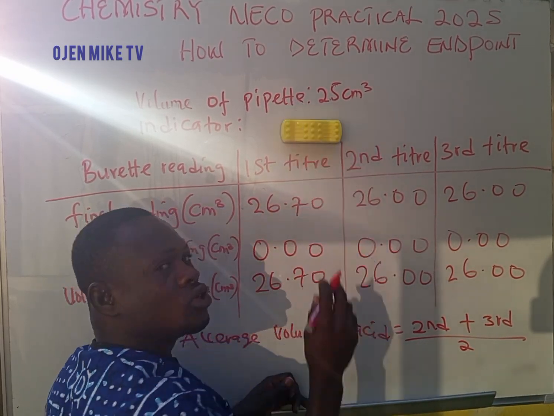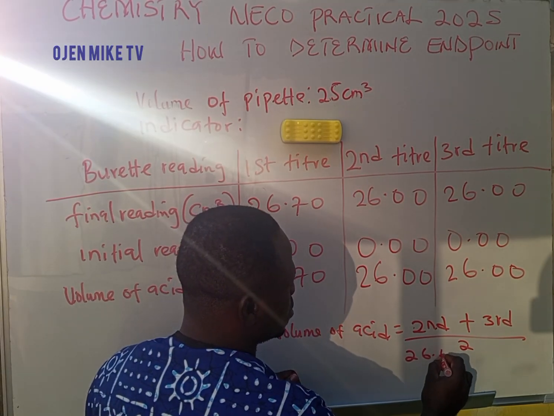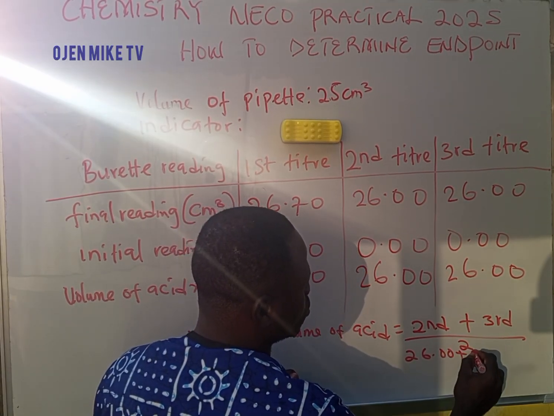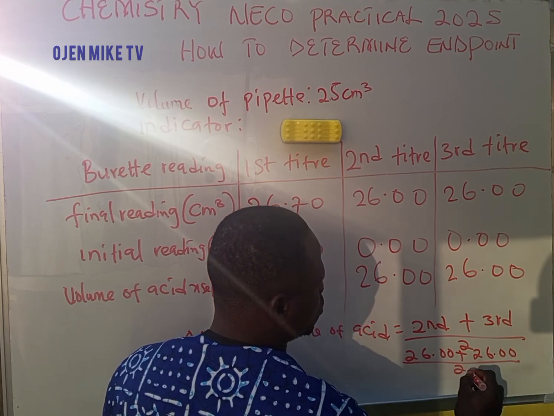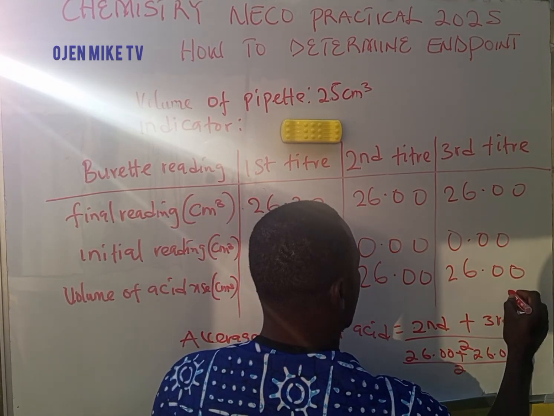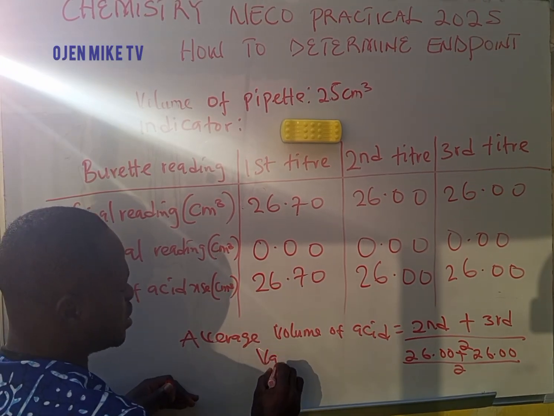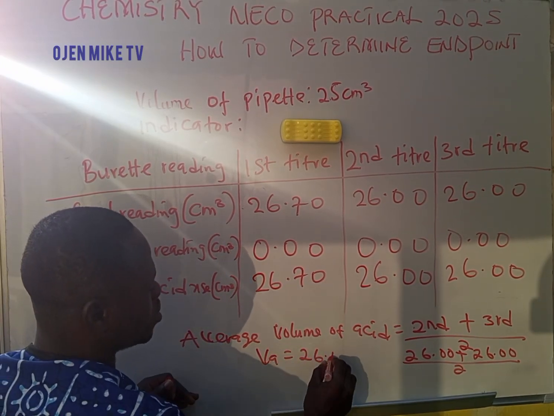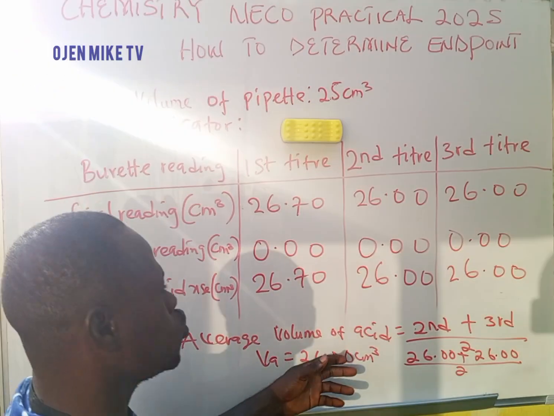Do you get that? So at the end we have 26.00 plus 26.00 divided by 2. So we now have our average volume of acid equal to 26.00 cm cubed. Always put this in 2 decimal places.